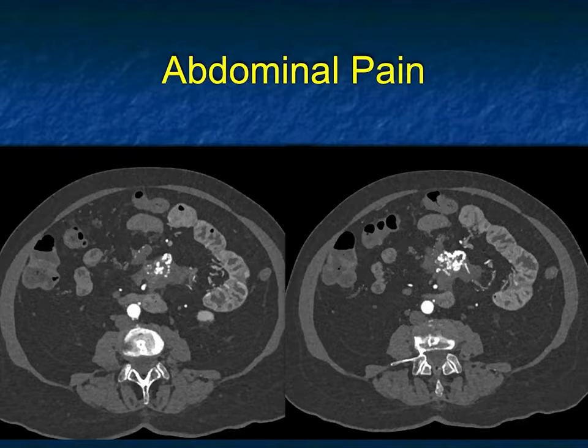Now, there's three things I think about. One is carcinoid tumors. They often have, in about 70% of cases, desmoplastic reaction and calcification. We think about sclerosing mesenteritis, which also probably in the 70 to 80% of the time will have coarse calcifications.